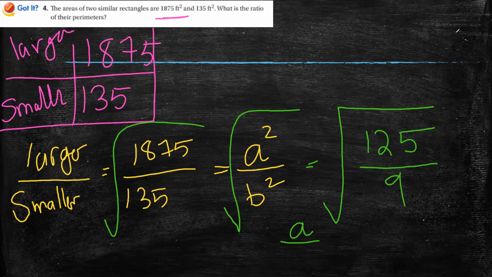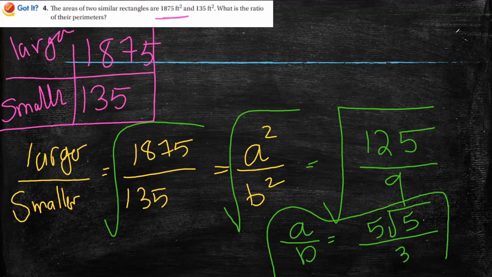So A over B, the square root of 125 is what? 5, or we can say it as, yes, okay, keep it as 5 square root of 5. And for the 9, it's a 3. So the A over B here is what?